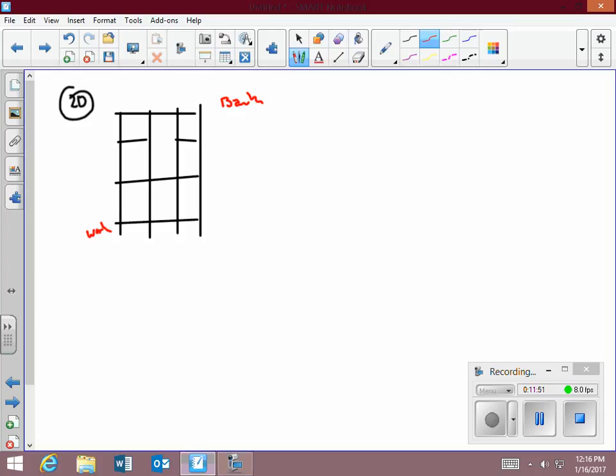One way you could do it is to put a number on each one of these intersections.